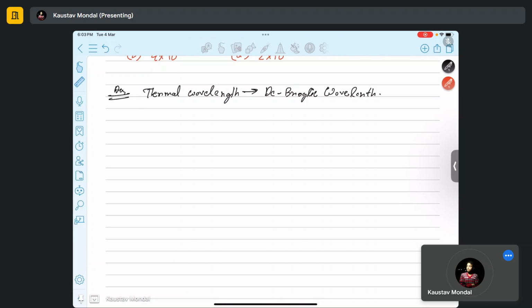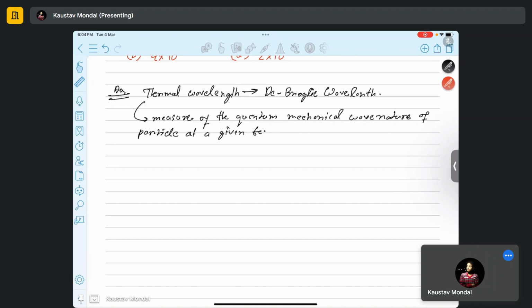This is a measure of the quantum mechanical wave nature of a particle at a given temperature.